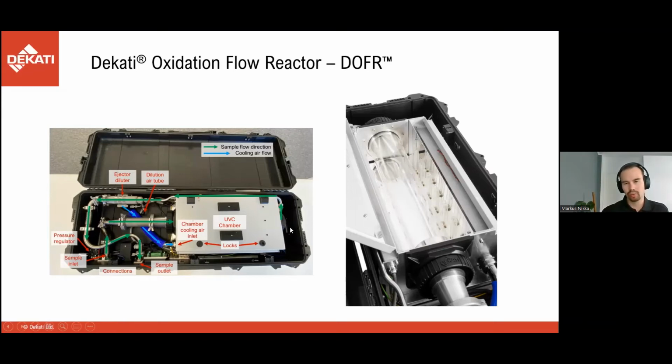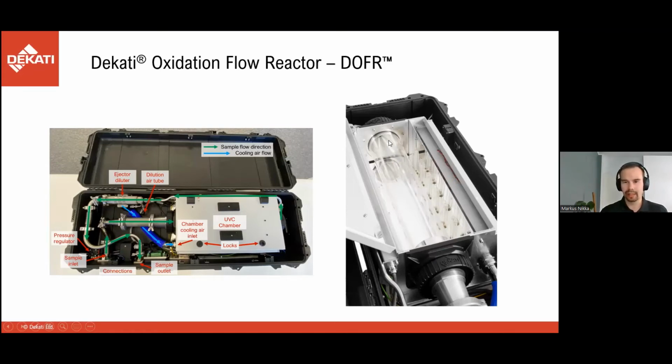There are also 2 additional measurement points between the reactor and the ejector diluter, in case you don't want to use the ejector diluter, to minimize the dilution, for example, after the reactor, or for gas measurements before the ejector diluter.